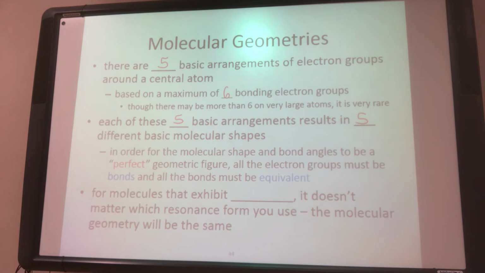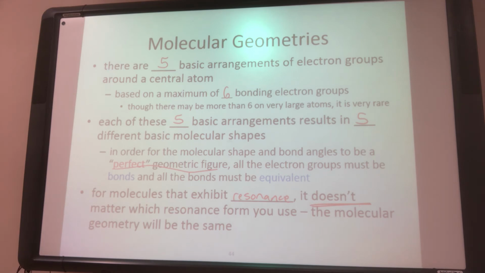Now when we talk about these, we're going to be talking about their perfect shapes. There might be some deviations, and I'll hint at the deviations as we talk about each shape. But in order for us to talk about our 5 basic shapes, we're talking about the ideal setting. Now, for molecules that exhibit resonance, it does not matter which resonance structure you use, because they'll all end up having the same geometry.